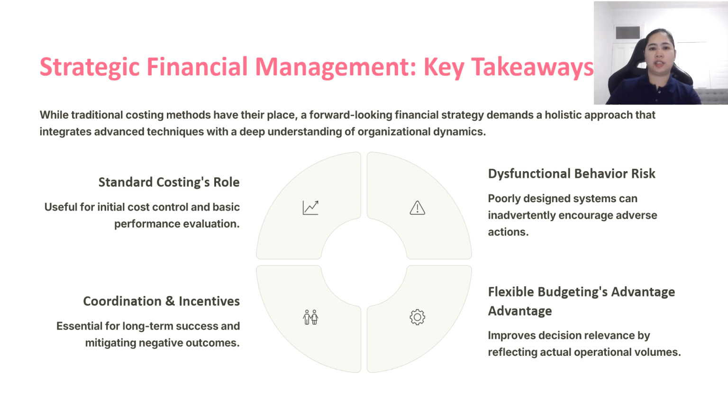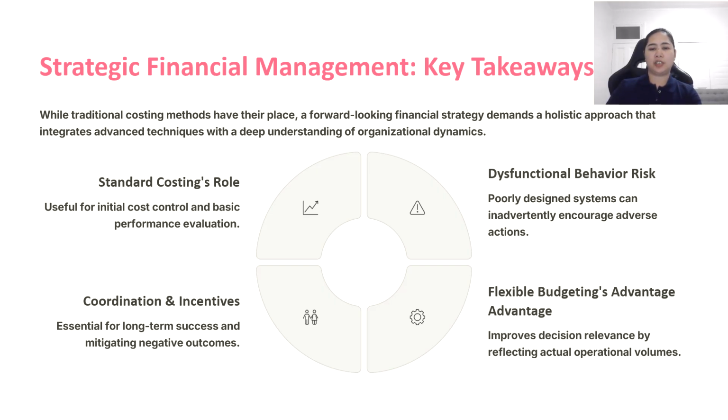Standard costing establishes predetermined cost benchmarks for materials, labor, and overhead, which are then compared with actual costs to identify variances. These variances help management assess performance, control costs, and improve operational efficiency.